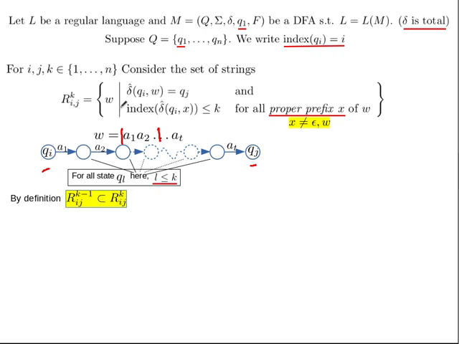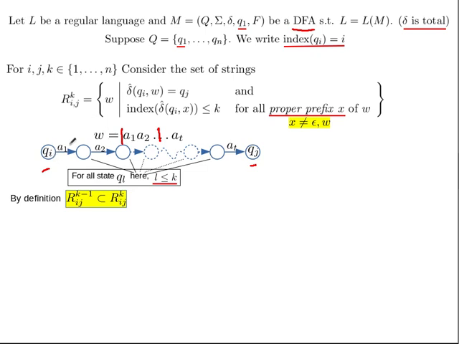You got that? You consider all the strings which, starting from Qi, can lead you to Qj, but not all of them, only a subset of those strings which also satisfies this condition that when you are going through this path, the indices of all the intermediate states are less than or equal to K. And since we have a DFA, and we have a total function, there is always a unique path, right?